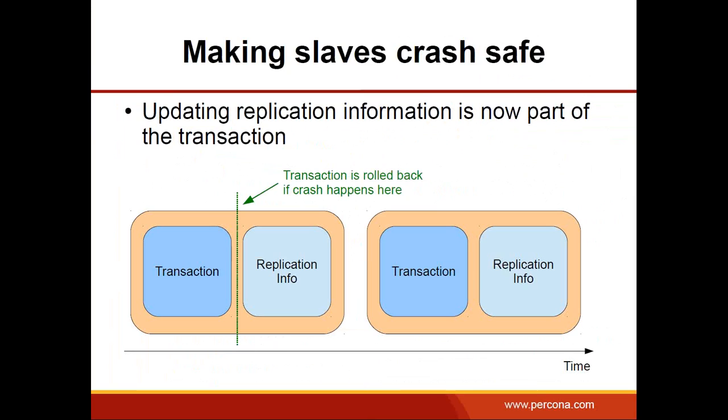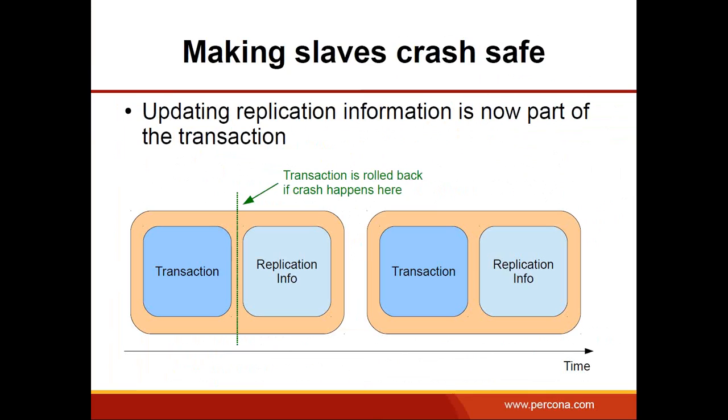Now, how do you enable that? You will need to change three settings. You will enable tables to store relay log information and IO thread information.